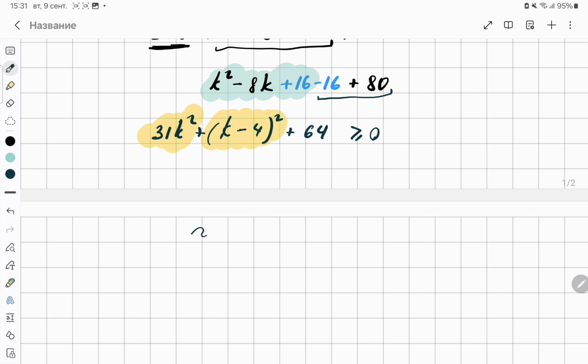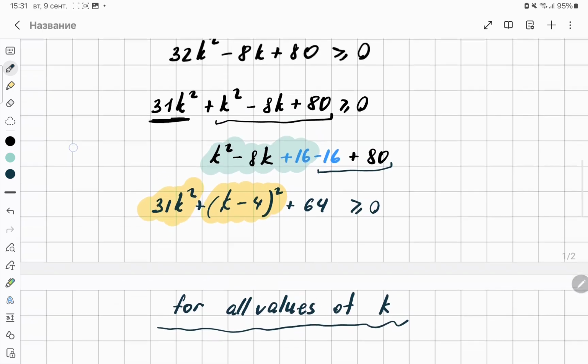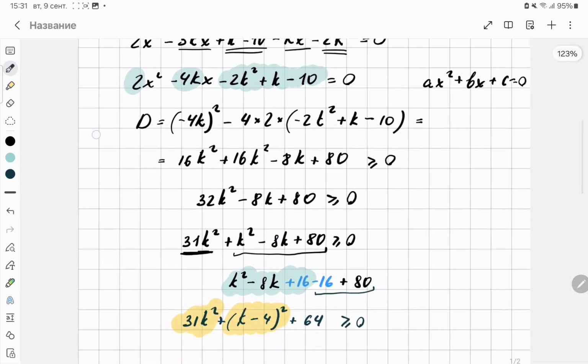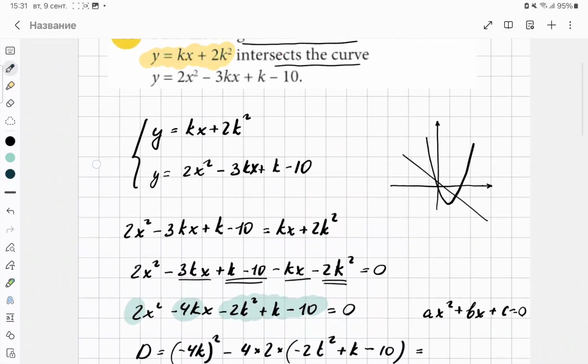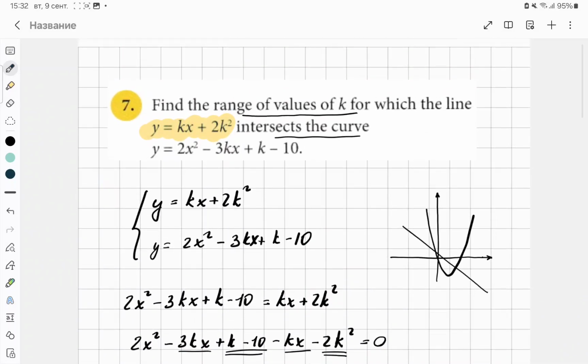So this expression is positive for all values of k. This is the answer. Let's make a short revision of what we have obtained: for any value of k, the line and the parabola will intersect.